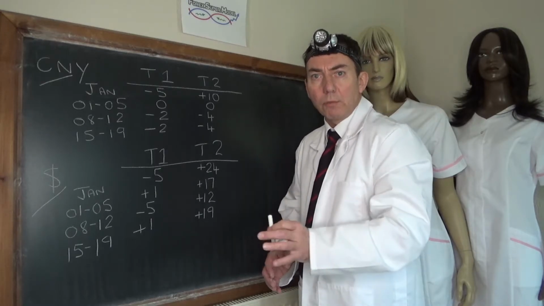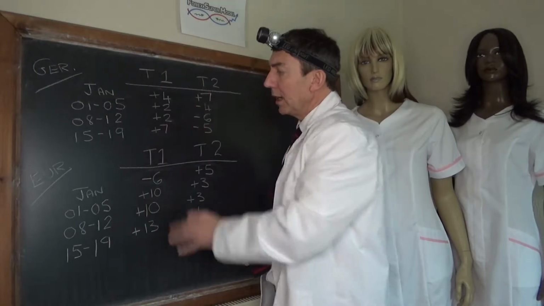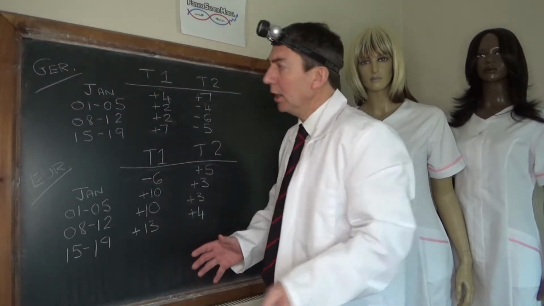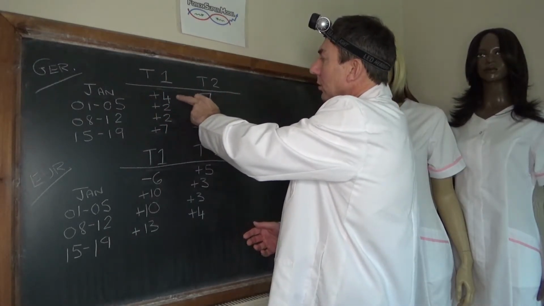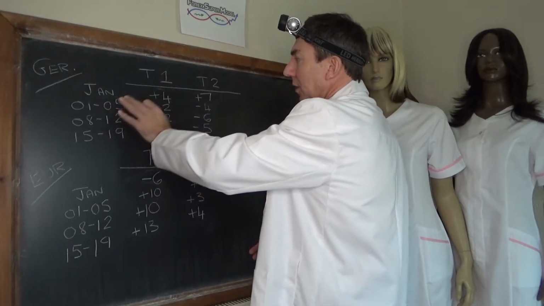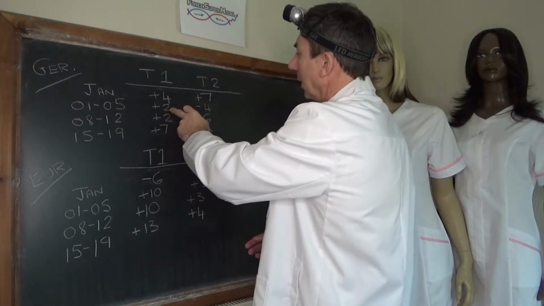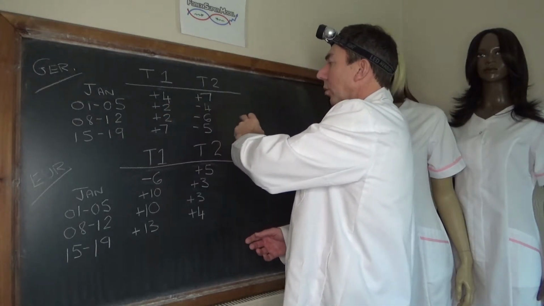So we'll stop this now and write up the next two. Right, welcome back. We've written up the German data and the EUR data as a block of the 27 countries. So start with the German data then. January was fairly positive. +4 on tier 1, +7 tier 2. Then in the first week of February, we've got tier 1 +2 and tier 2 -4.